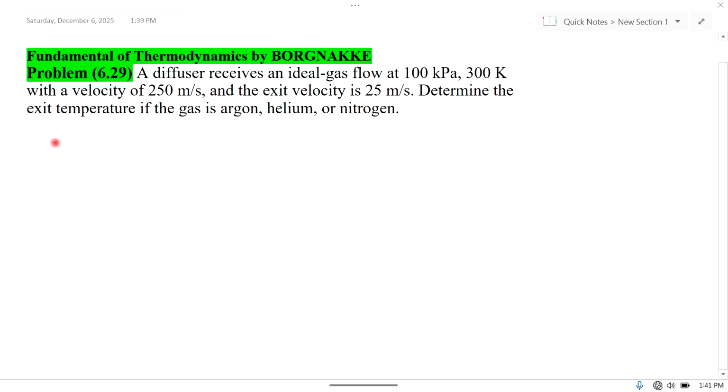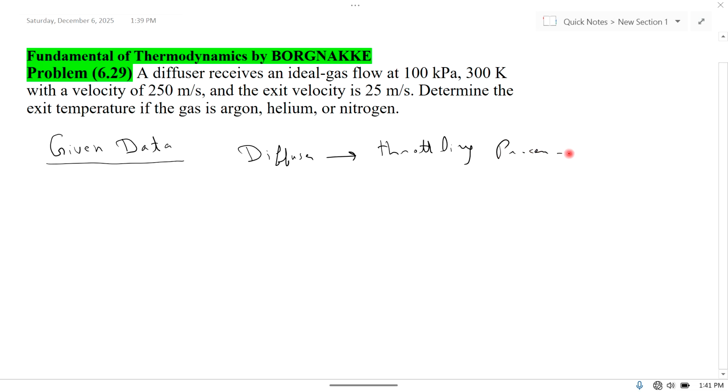In this lecture, I am solving problem 6.29 from the book Fundamentals of Thermodynamics by Borgnakke. The statement of the problem is: a diffuser receives an ideal gas flow at 100 kilopascal. In the diffuser, the process occurs as a throttling process. In a throttling process enthalpy is constant, H1 is equal to H2.